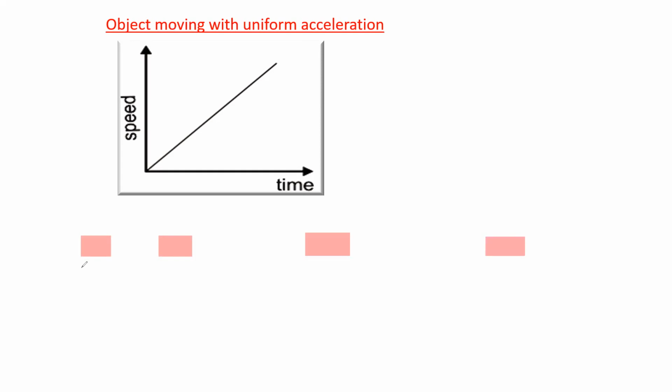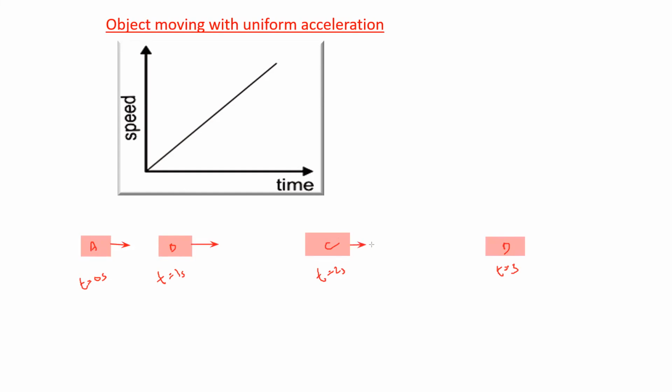So we have an object which is moving towards the right hand side. This is when time is equal to 0, 1 second, 2 seconds, 3 seconds. And this object is moving with different speeds.